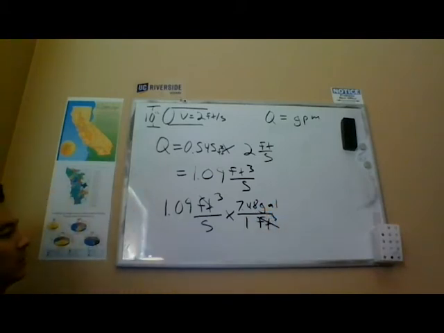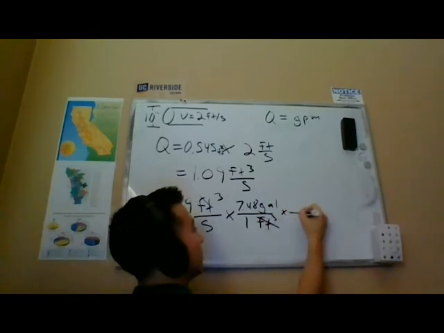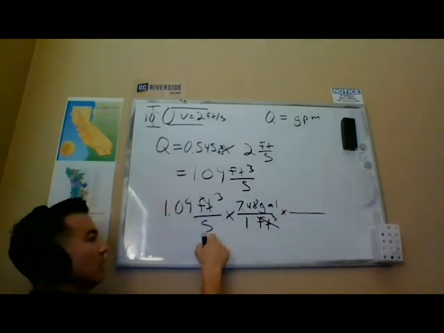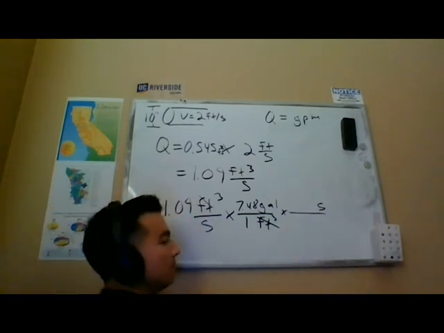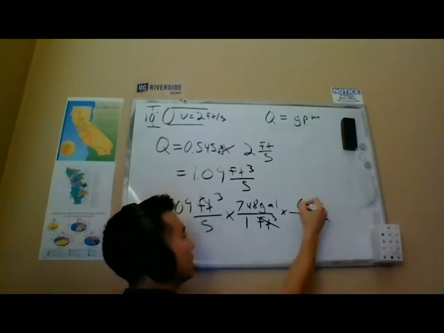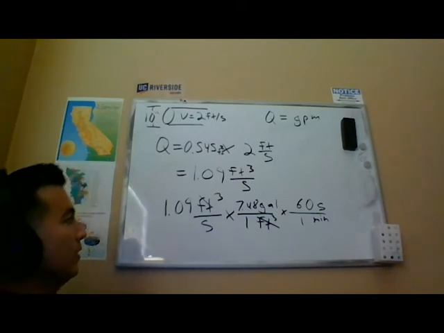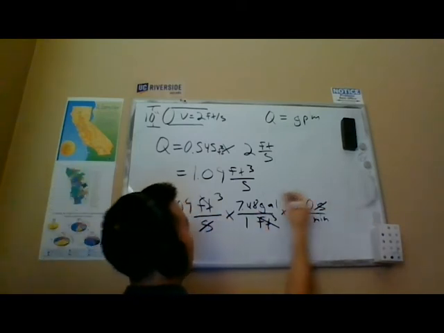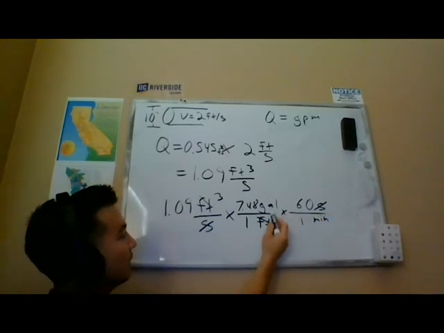I also know that I need to get rid of seconds. Because seconds is down below in my conversion factor, seconds is actually going to go up top. And I'm trying to get to minutes. I know there are 60 seconds for every 1 minute. So now my seconds are going to cancel out. My cubic feet canceled out. When I look at my units across the top, I'm left with only gallons.